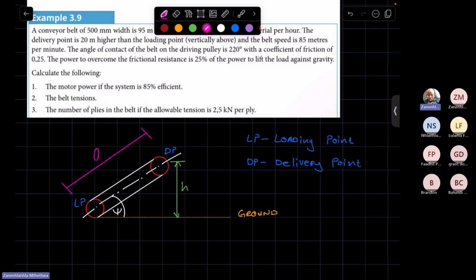Let's call this the length. So L stands for length of belt.